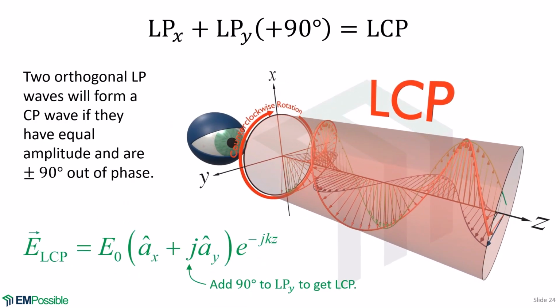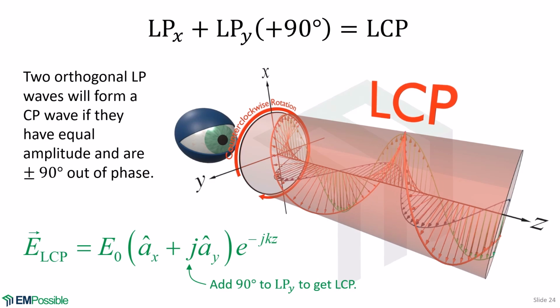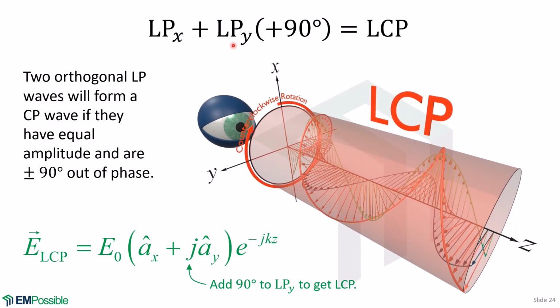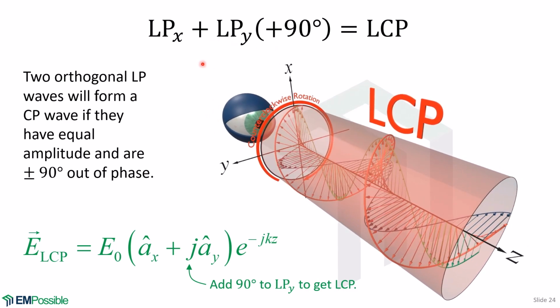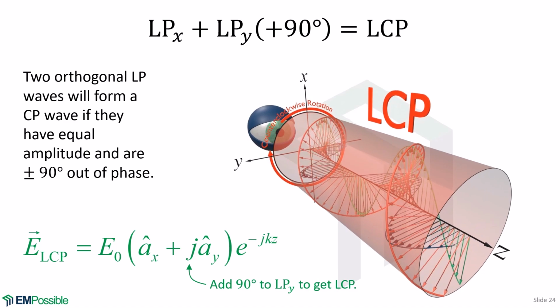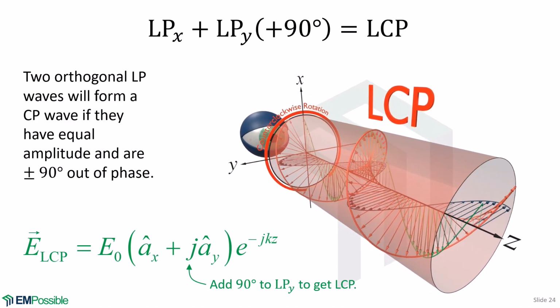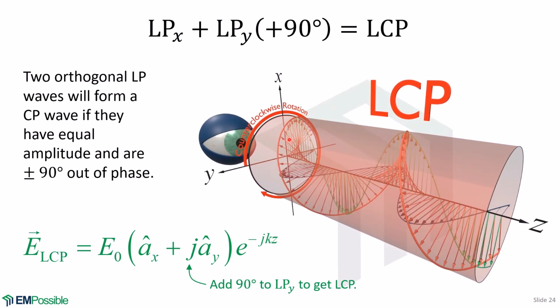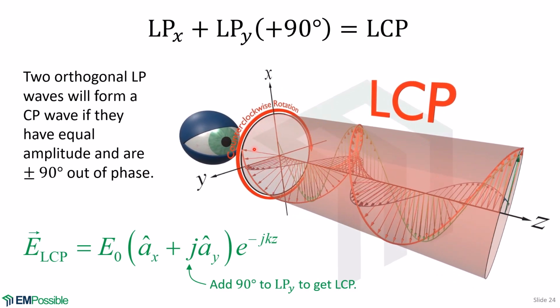Here we're looking at the special case of when we add these two linear polarizations, we're giving the Y linear polarization 90 degrees of phase relative to the X polarization. When we do that, this gives us a left-hand circularly polarized wave. And we can see that. We pick a fixed point. We'll observe which way this is rotating.